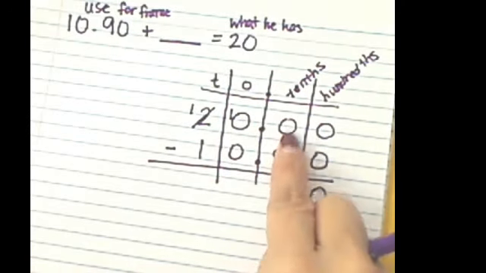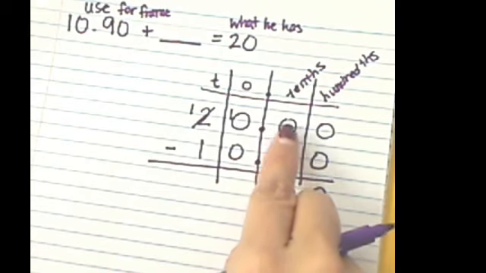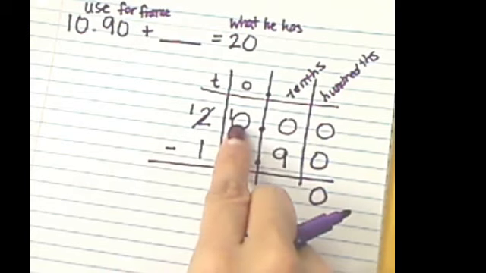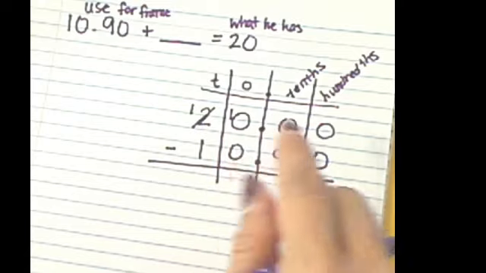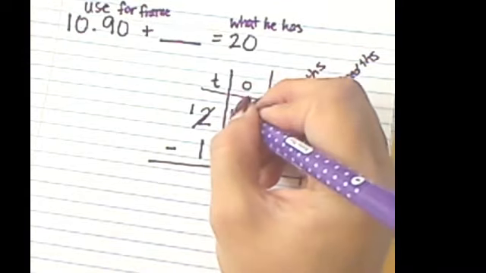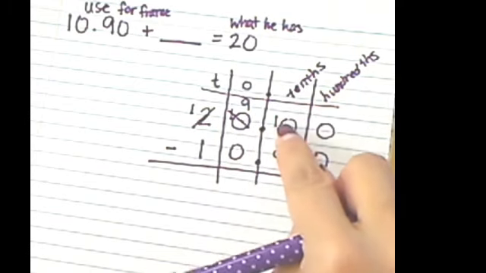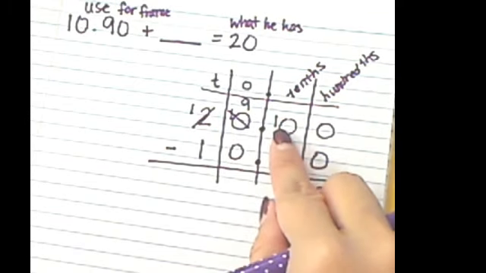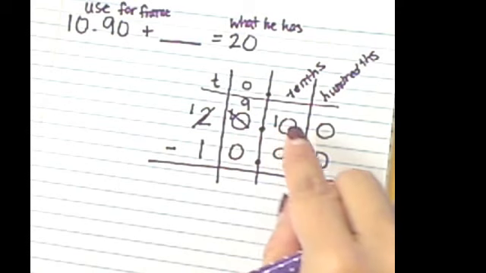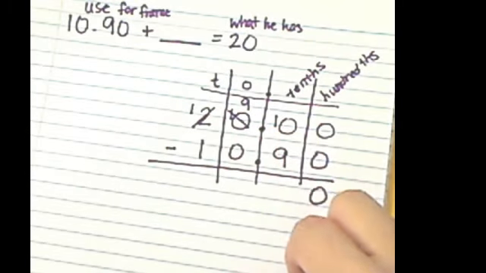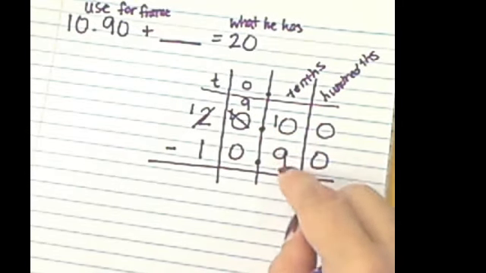But now we still don't have anything over here. This one now can borrow because this has 10 instead of nothing. So I'm going to take from the 10, I'm going to make that a 9. And I'm going to add 10 here. Now I have 10. Can I take away 9?